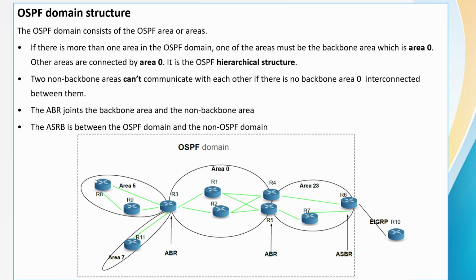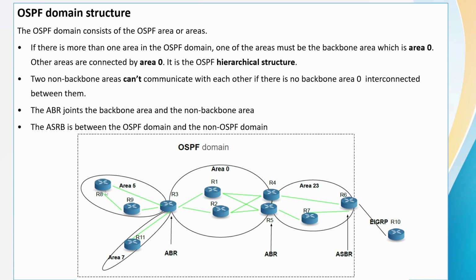So if router R8 in area 5 needs to communicate with router 6 in area 23, they must go through area 0.